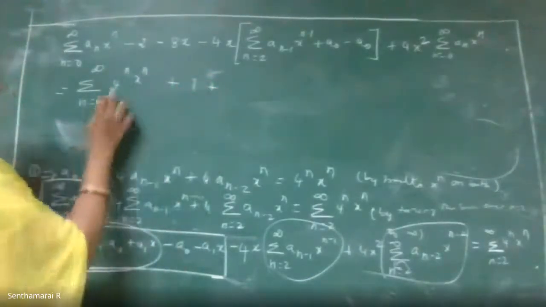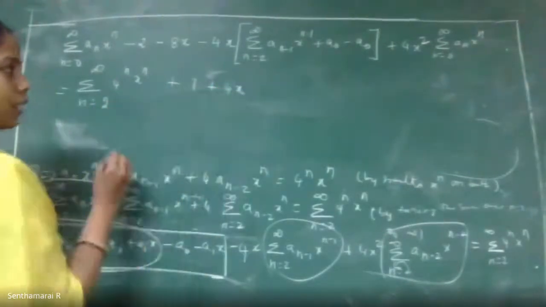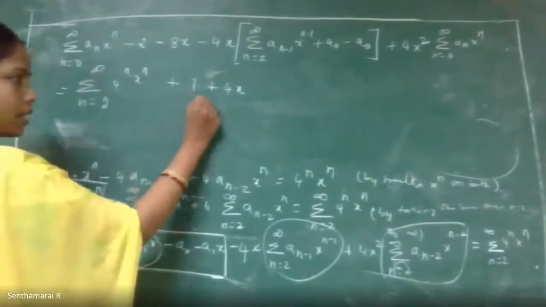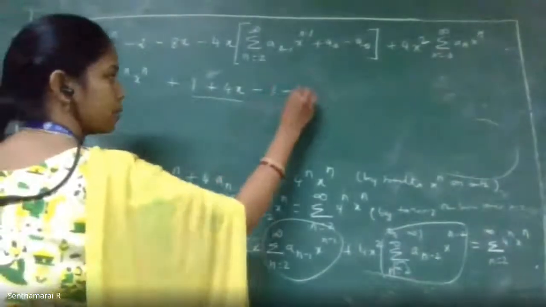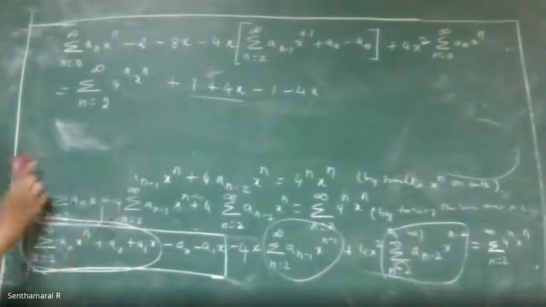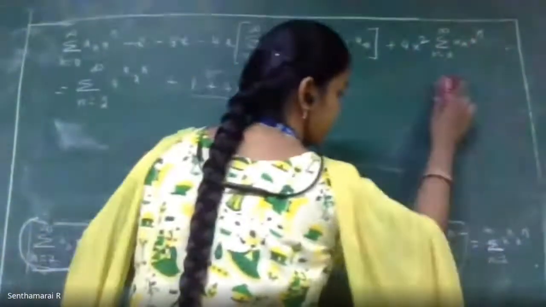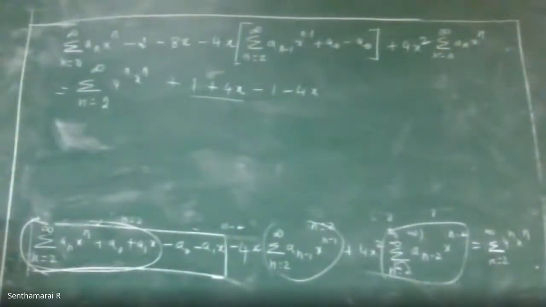When n equal to 1, 4 power 1, x power 1, 4x is missing. So when I wish to write this n equal to 0 to infinity, I need these two terms. For that, I subtracted the same terms to avoid changes in the equation. You understood this step? All of you understood this step? Can I proceed?